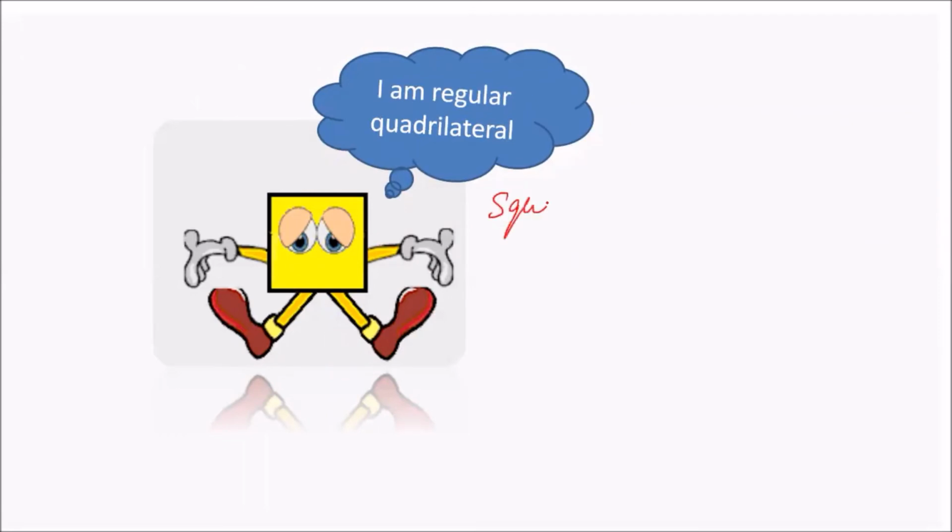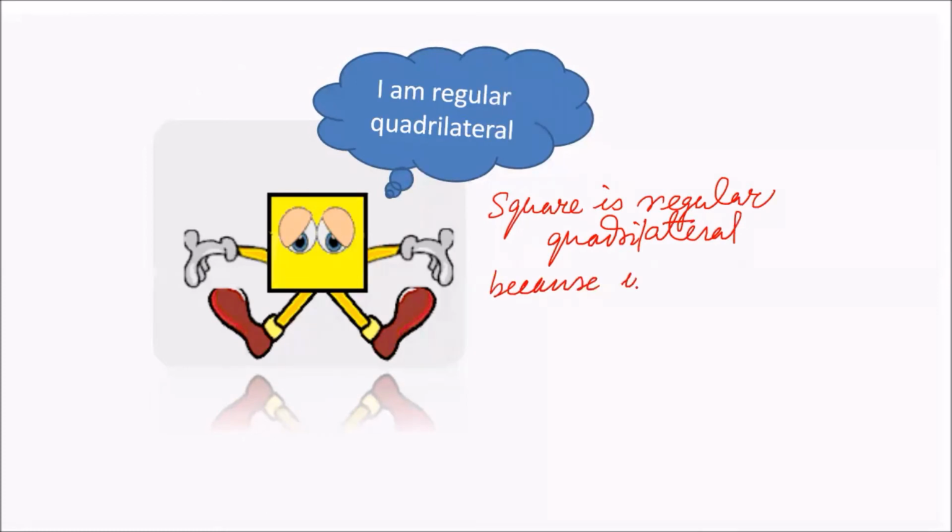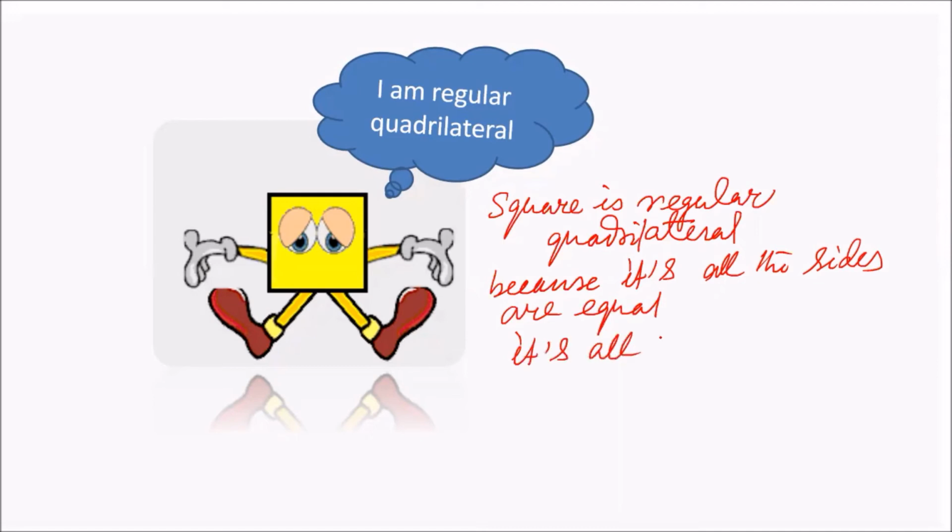A square is a special quadrilateral, or a regular quadrilateral, because all the sides are equal, and all the angles are equal, and that is 90 degrees.